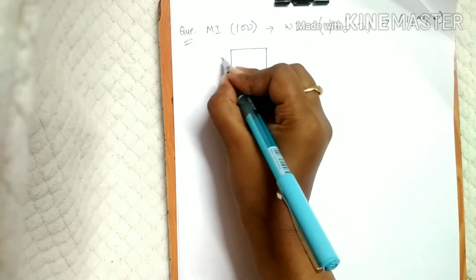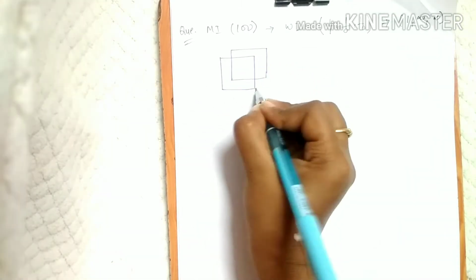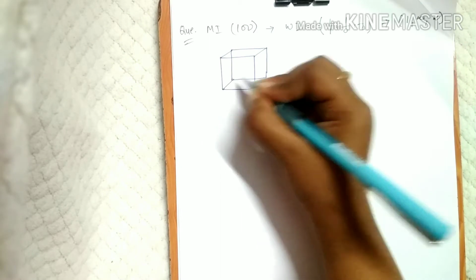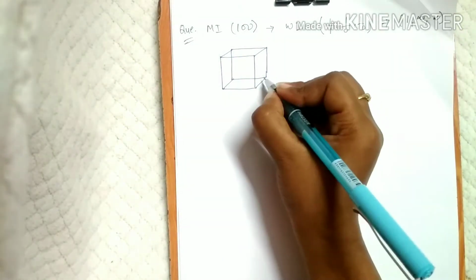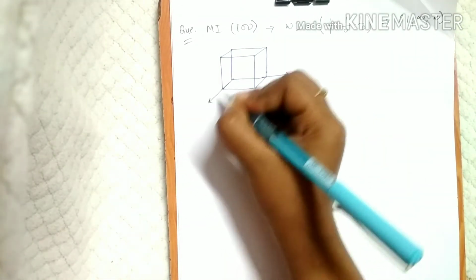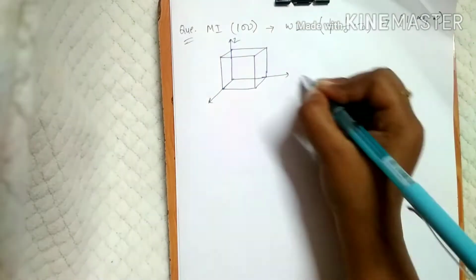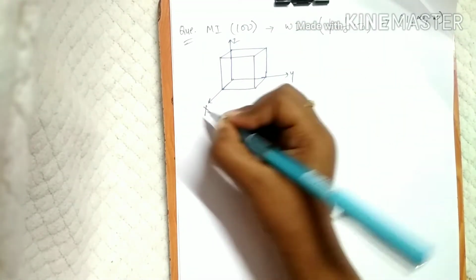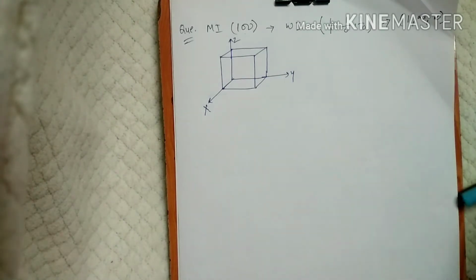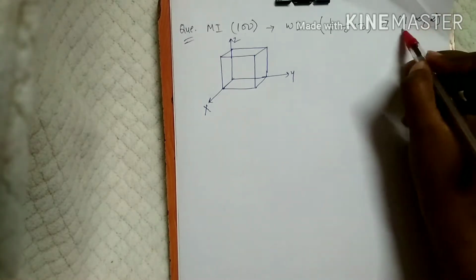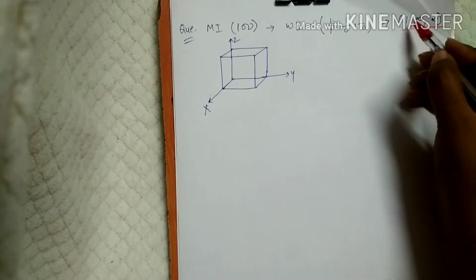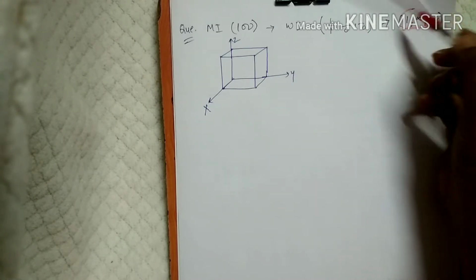Now I want to make the plane corresponding to it. If you want to locate a plane, first find out the finite values in your intercepts or Weiss indices. The finite value is your 1 along the x-axis.